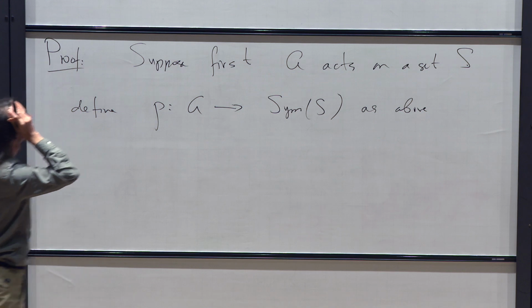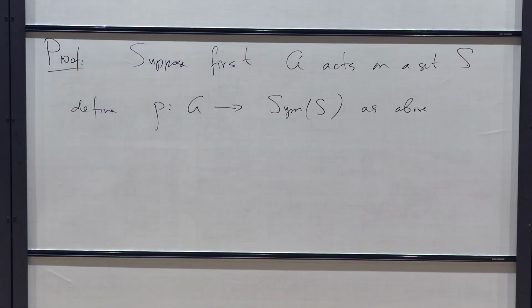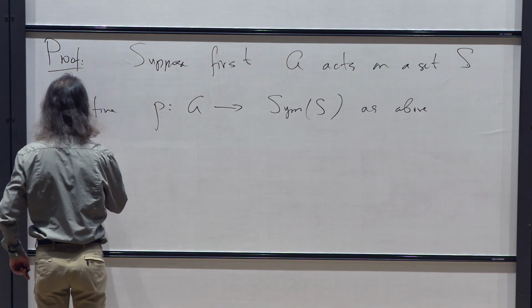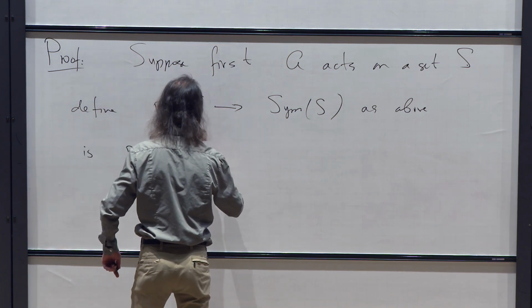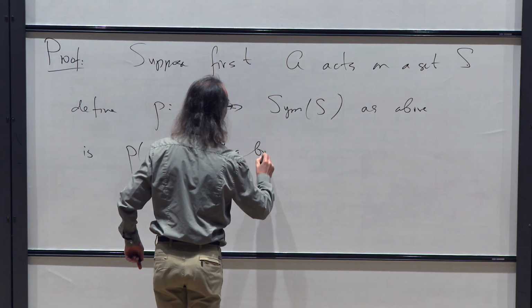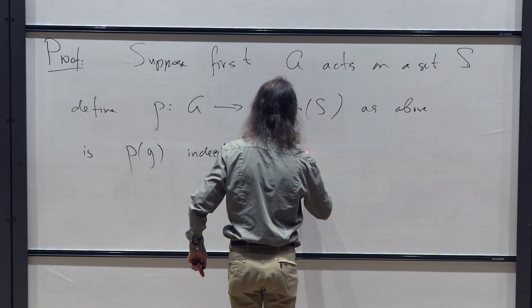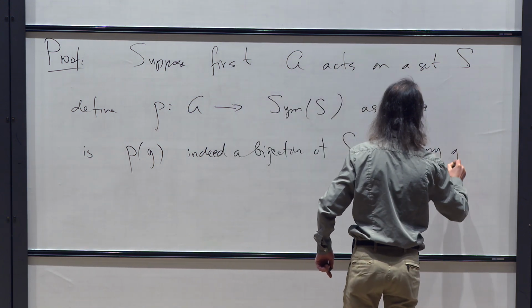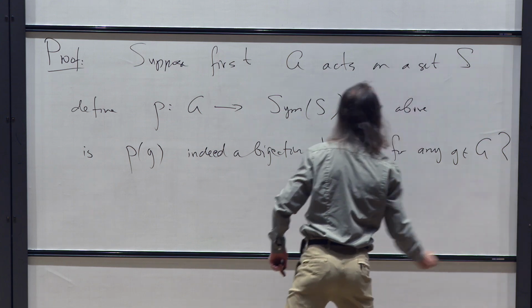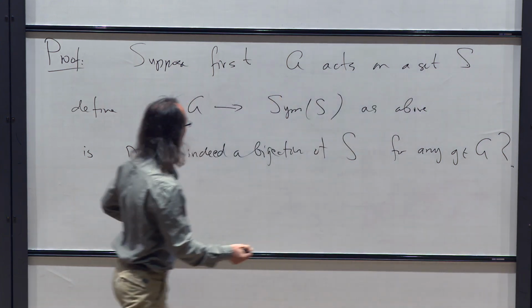Okay. Well, first of all, it's not clear, is this map rho a bijection of S? So is rho of g indeed a bijection of S for any g in G? Question mark. Is it?